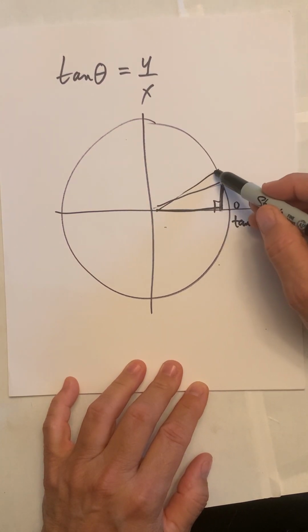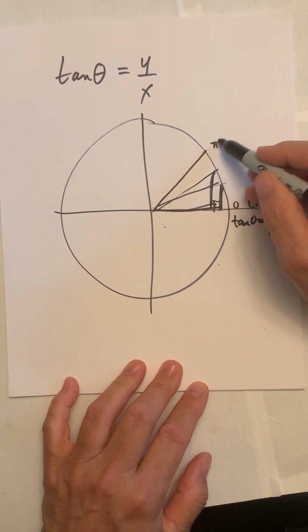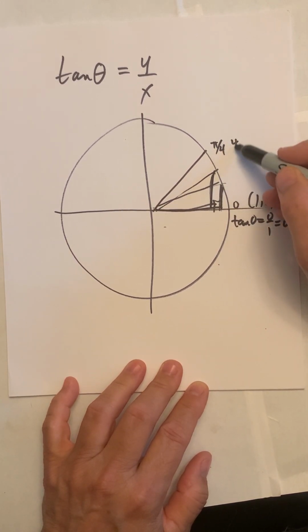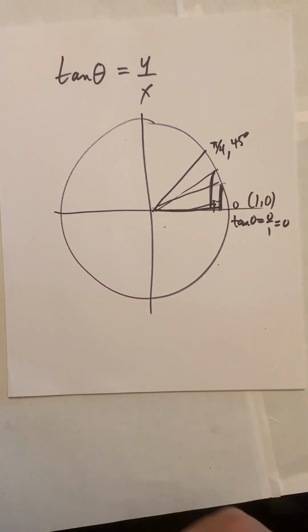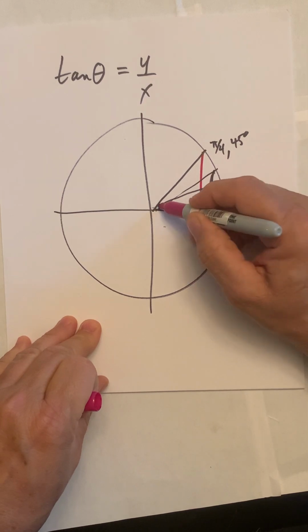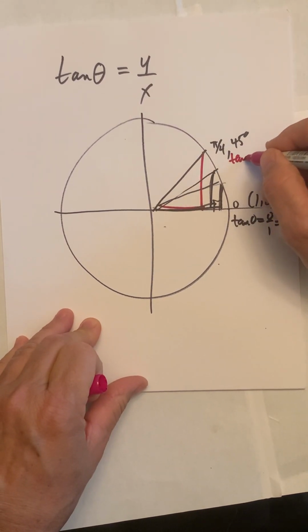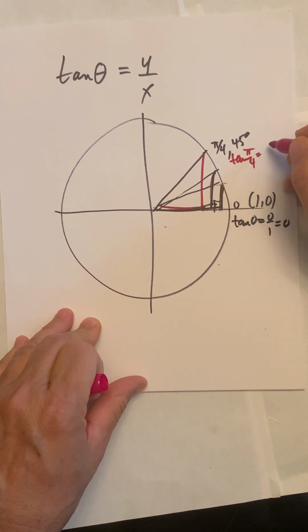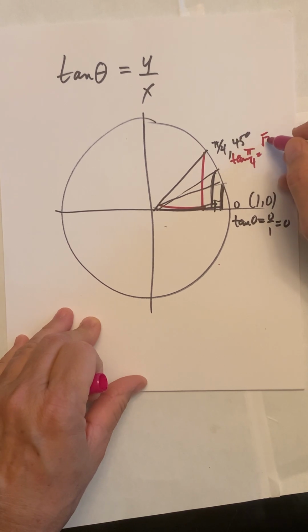And here you get a little bit more y, a little less x, until you get to pi over 4, or 45 degrees, right? At that location, the x and the y lengths are the same. So over here, where you do tangent of pi over 4, you get, well, square root 2 over 2 and square root 2 over 2.